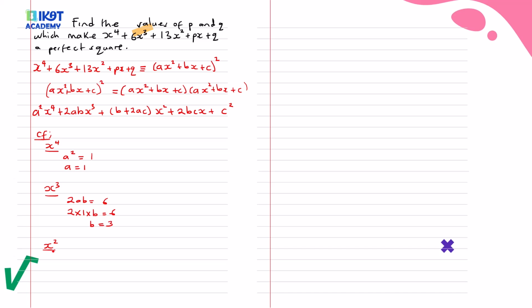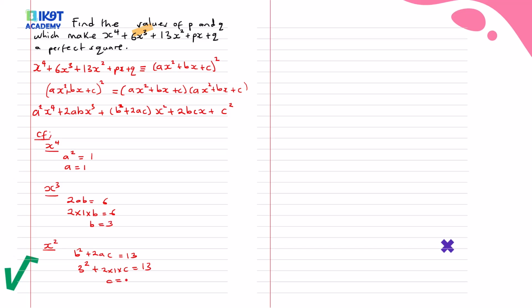Then we go to x squared. Sorry, here I missed to put this is b squared. So we have b squared plus 2ac equals 13. So we end up having 3 squared plus 2 times 1 times c equals 13.